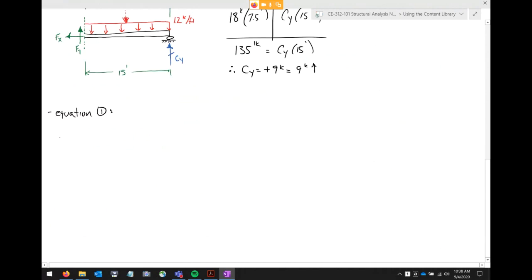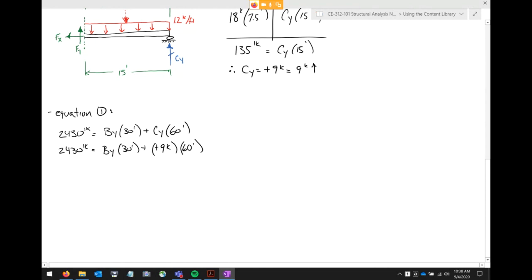It was 2,430 foot kips equals BY times 30 feet plus CY times 60 feet. So 2,430 foot kips is BY times 30 feet plus positive 9 kips times 60 feet.